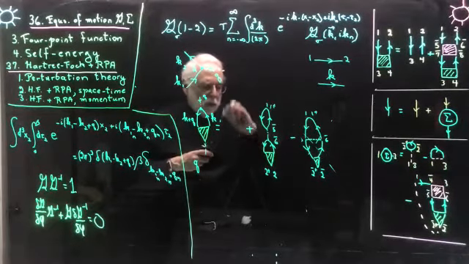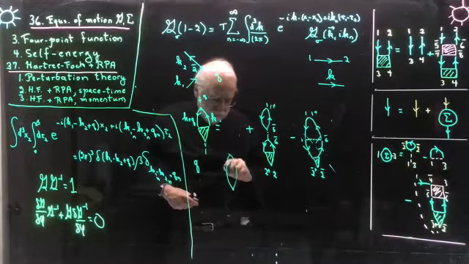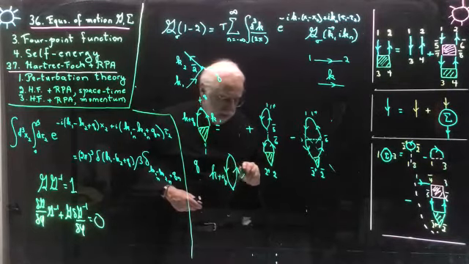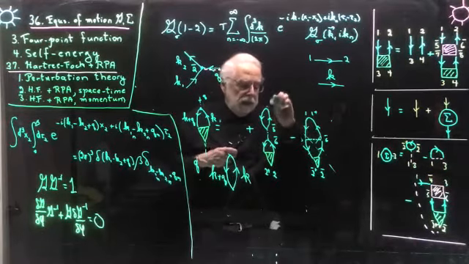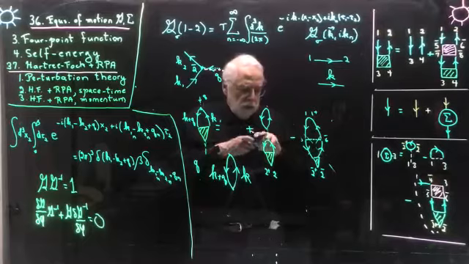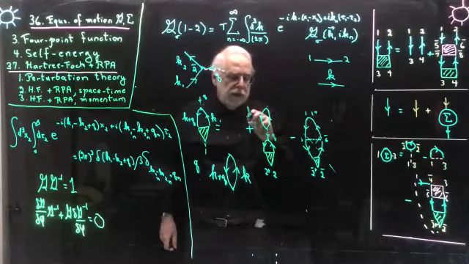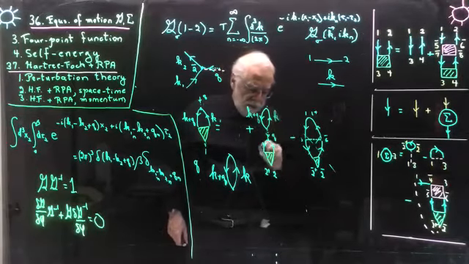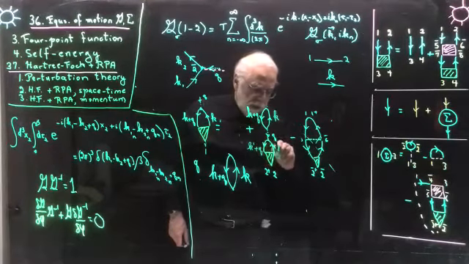Let me make some room. So I have some momentum Q flowing, so I have K plus Q here, and I have K here. Then here is the same thing. I have momentum Q flowing here, and I have K plus Q and K here. And here I have K prime plus Q and K prime.